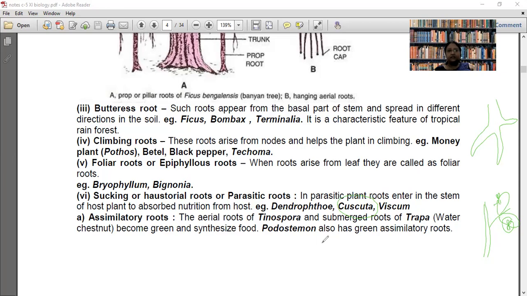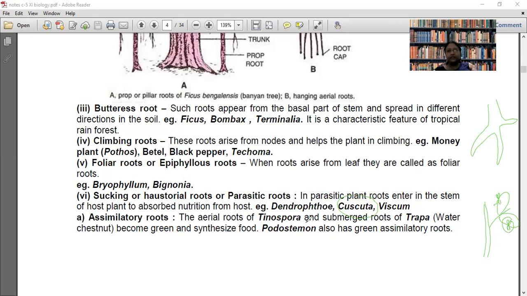In some plants, especially orchids, they are plants which are called epiphytes. They grow on trees in a hanging position. So their roots are green in color.